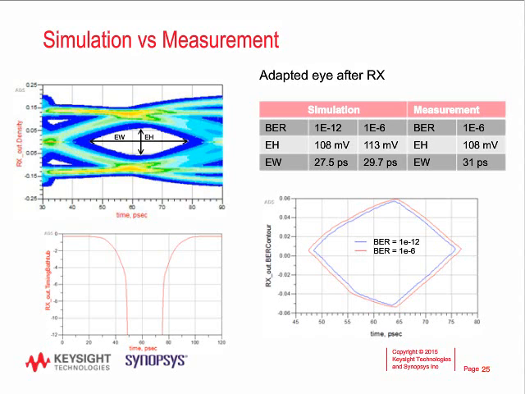As you can see from this graph, the eye is still wide open even at a BER of 10 to the minus 12. You can also see the timing bathtub at the left bottom, and you can see that the walls are nearly straight, which correlates back to the contour plot on the right bottom that we have looked at.